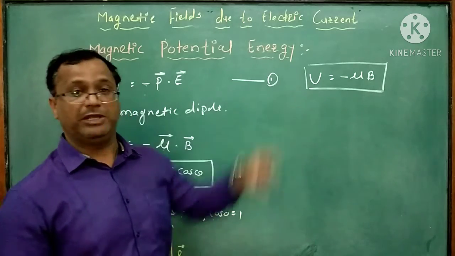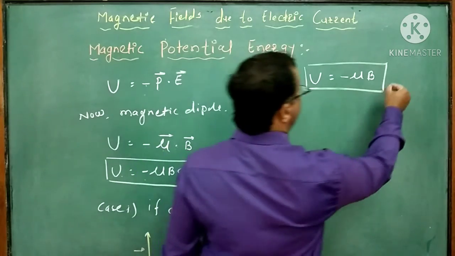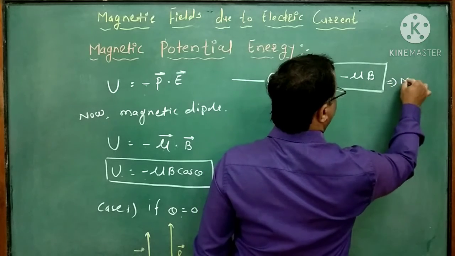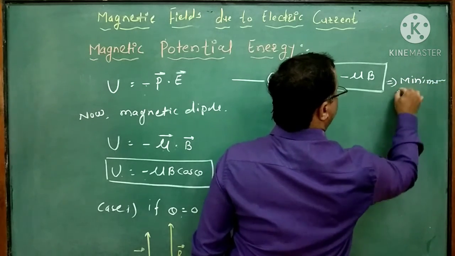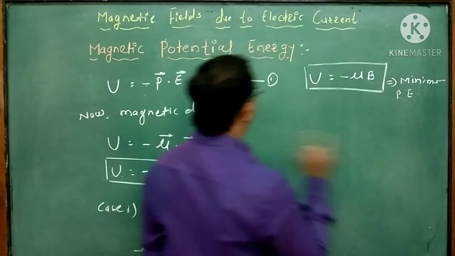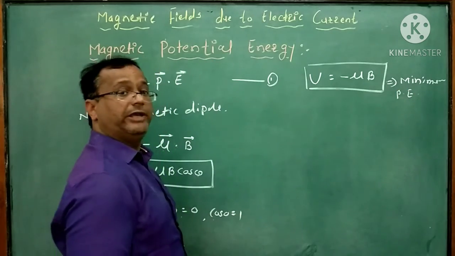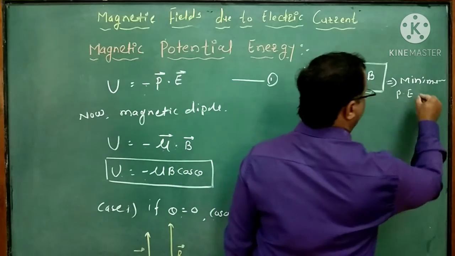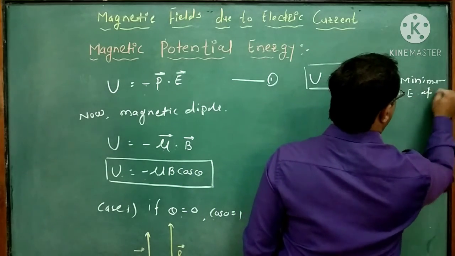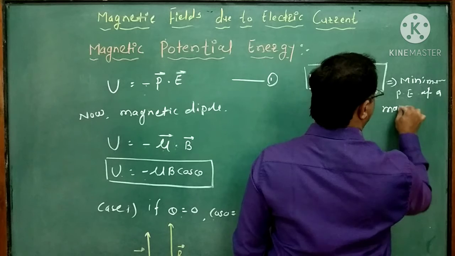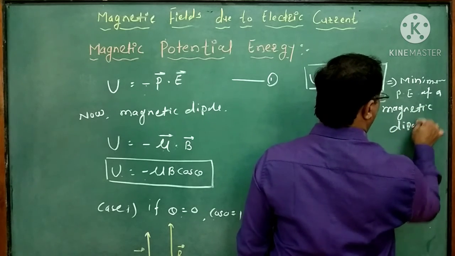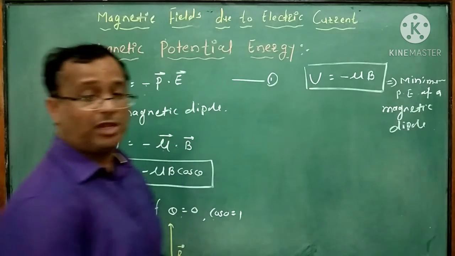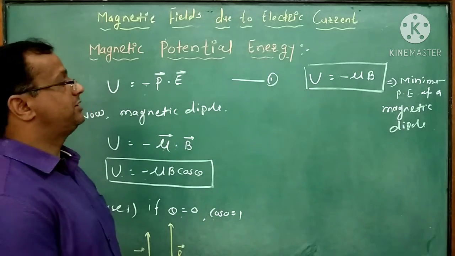It means that this will be the minimum potential energy of a magnetic dipole. Right?